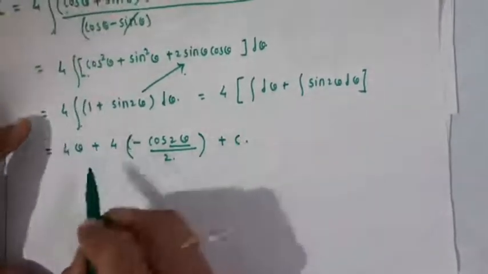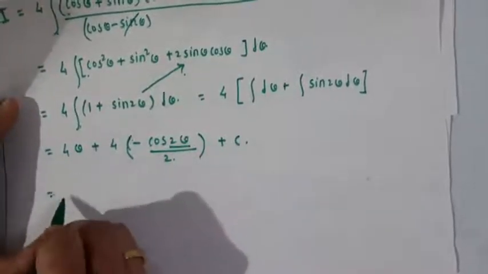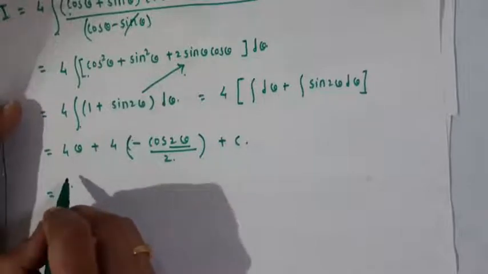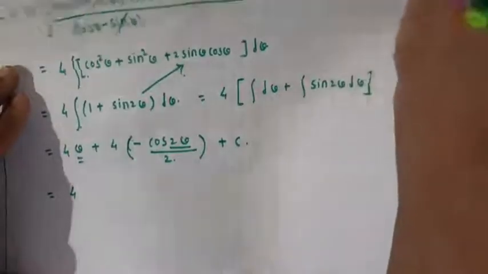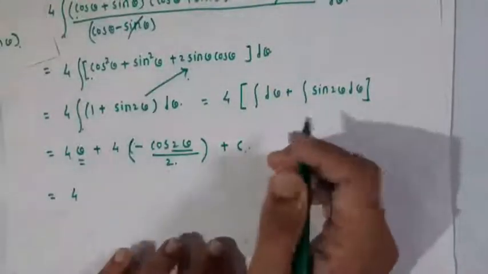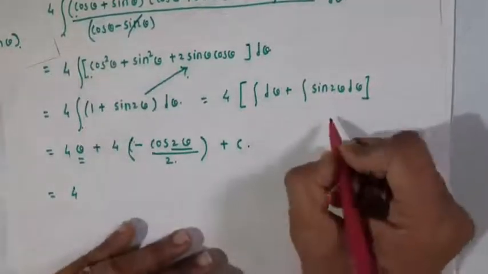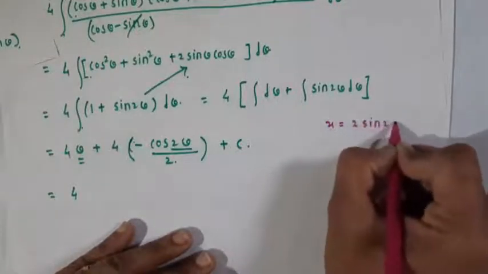Now resubstitute the value of theta. So here 4 theta, 4 as it is, and the value of theta. So the value of theta as we substitute, what is our substitution? That is x equal to 2 sin of 2 theta.